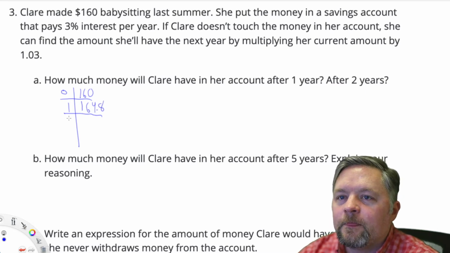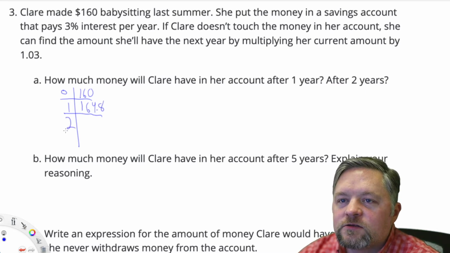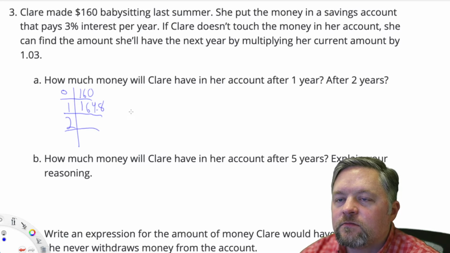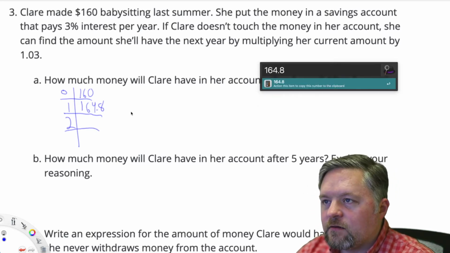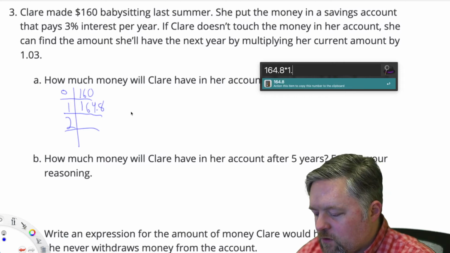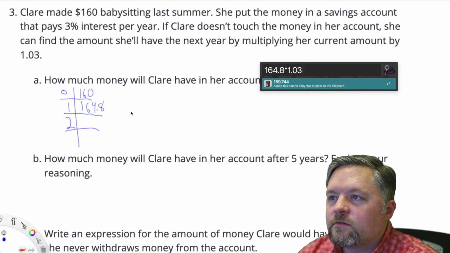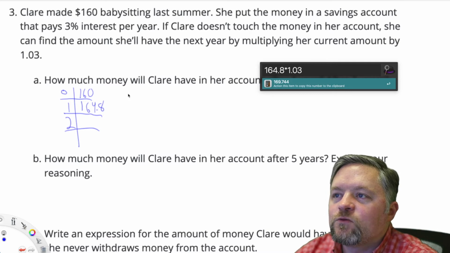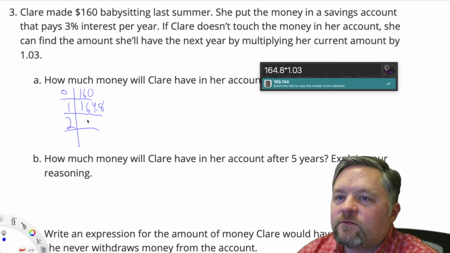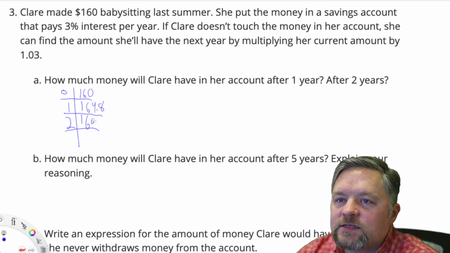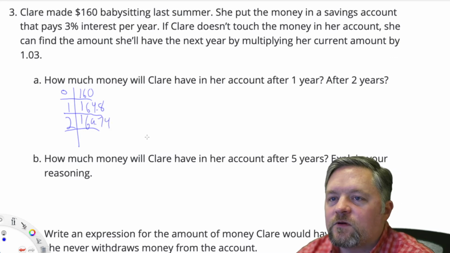After 2 years, 164.8 times 1.03 is 169.744, 169.74.